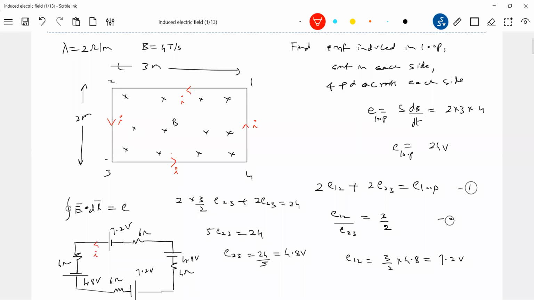Now you write potential differences. Like the potential difference across 1, 2 is not 4.8 volt. Then who is responsible for this flow of current? Not potential difference. I think in the previous class I made a conclusion. Current will flow from higher to lower potential, or lower to higher potential, so therefore the potential is not defined. Not defined means you cannot calculate.